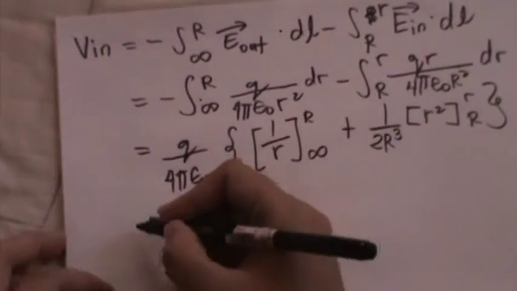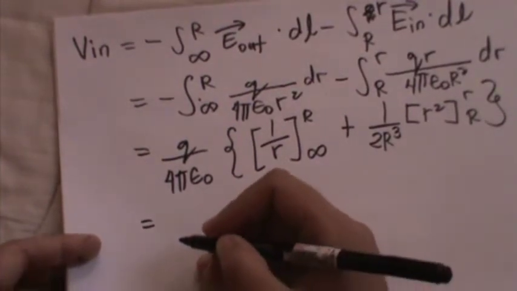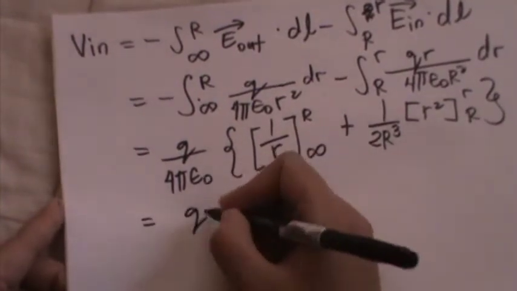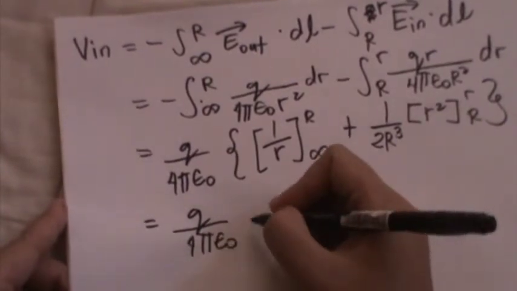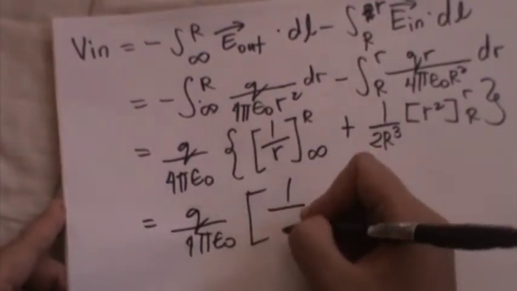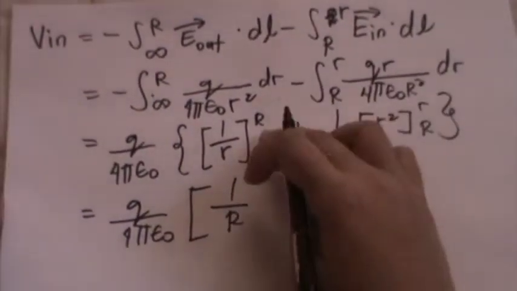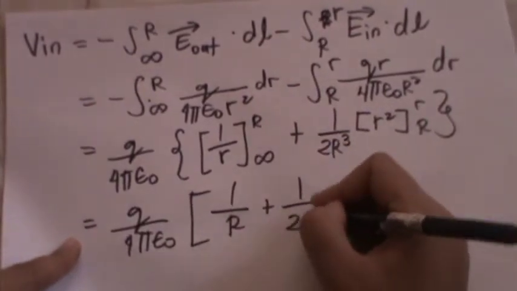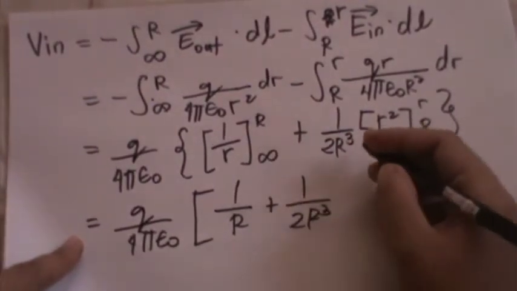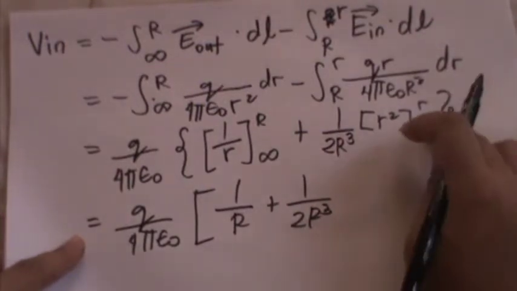So next we try to manipulate it again. Q over 4 pi epsilon naught, 1 over R, substituting small r to bigger R to small r, plus 1 over 2R cubed, and also have this one.